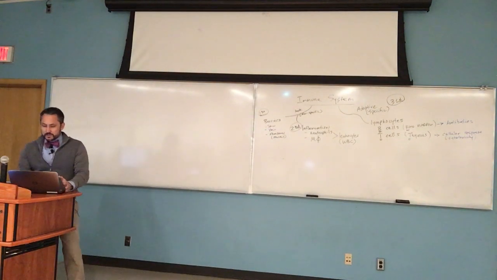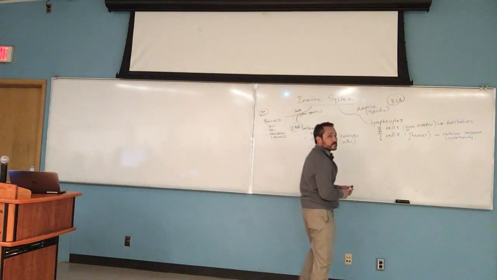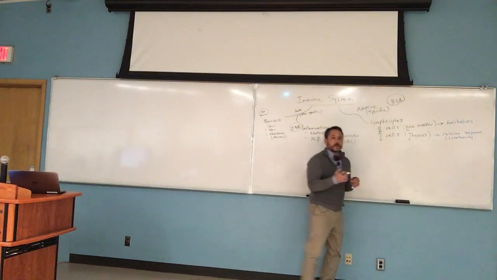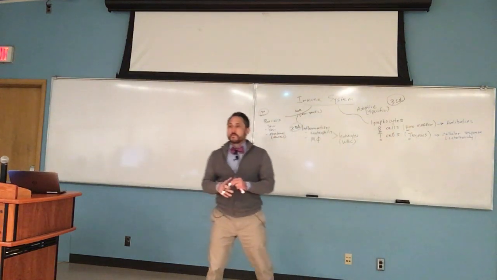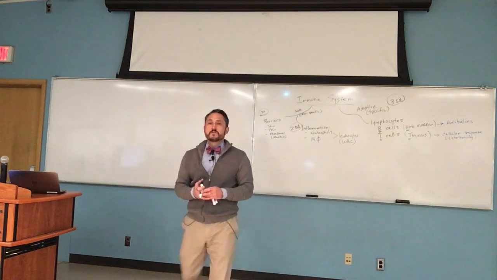A couple more details I'll fill out. T cells. We've got two different flavors, two different styles of T cells. These T cells have a label on them, and these labels are what we call a cluster of differentiation.